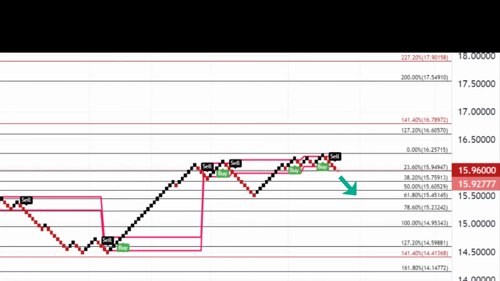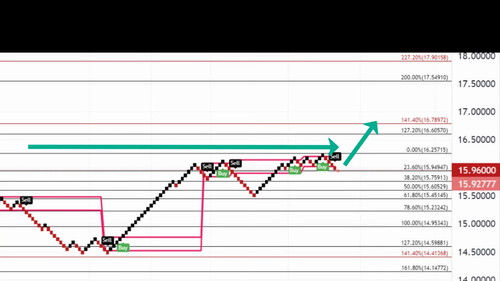Well, to the downside, we've got that noisy area around that 61.8% line, around 15.5 maybe. If it breaks down through there, then it pulls back maybe into the late 14s, mid 14s, before it's got some empty space below that for a more serious down move. And to the upside, you can see it's butting its head against the top side around this 16.25 area. If it can break it, 17, 18 is not out of the question.